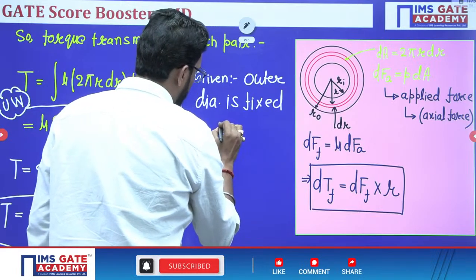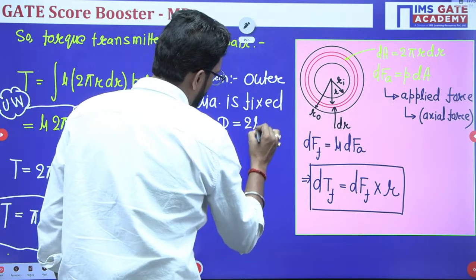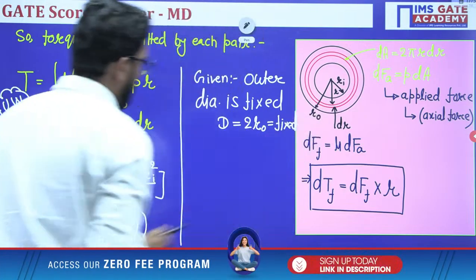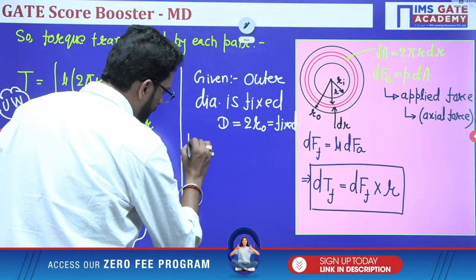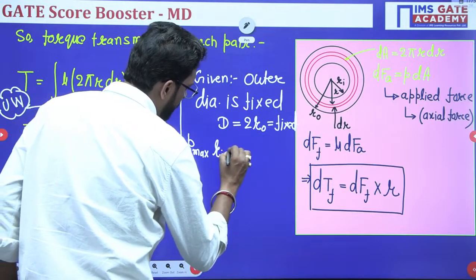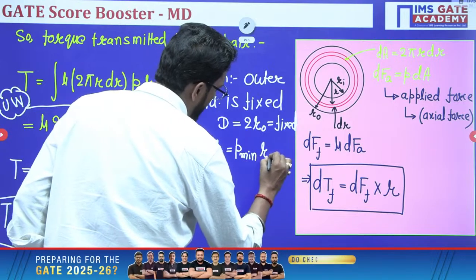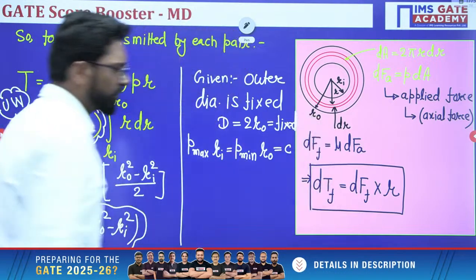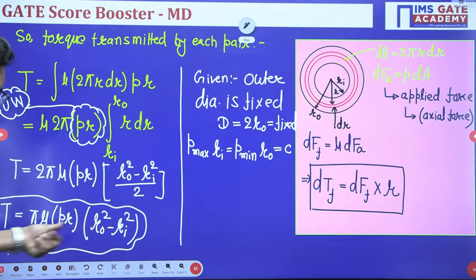That means D is equal to 2 into Ro, which is fixed. So, P is maximum when r is minimum, and P is minimum when r is maximum, since P into r is constant for uniform wear. So, my dear, outer diameter fixed, we take Ro outside.